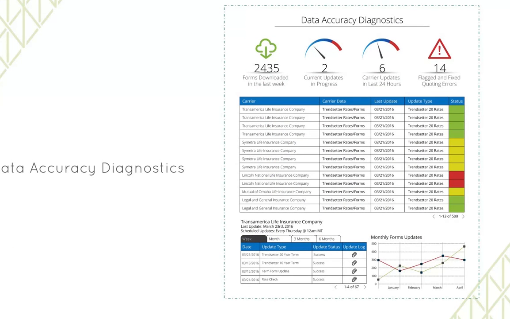When someone's on the system running a quote, to guarantee the fastest possible experience, that data will be stored on a server that's closest to them. So it'll hit that server rather than someone in Florida hitting a server in California and waiting for that feedback to come back.